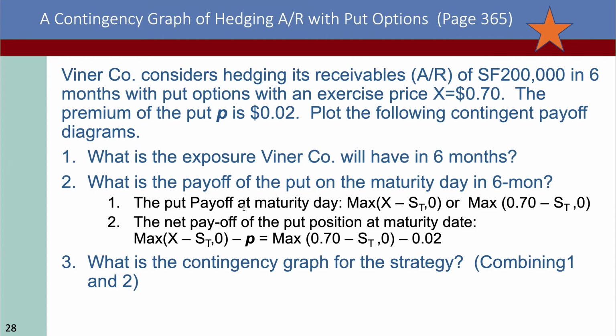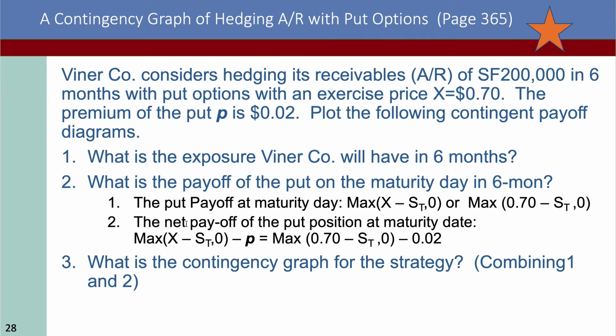Now, the payoff at maturity, if you ignore the premium, at the maturity date is the maximum of the exercise price minus the spot price, or 0. In our case, it's 70 cents minus ST, or 0. Otherwise, if it's negative, they go with 0.